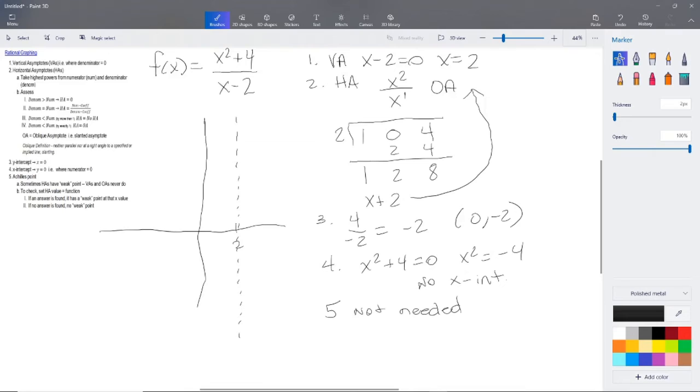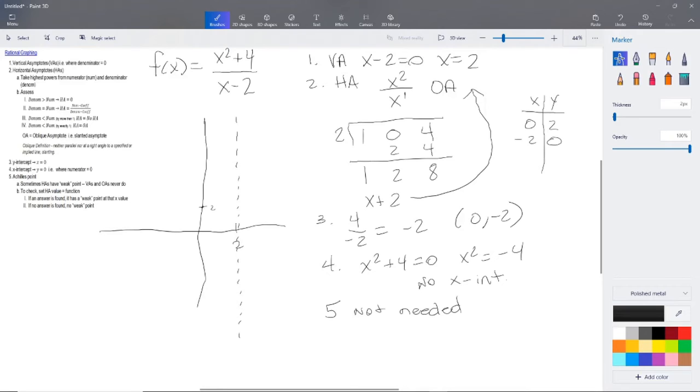So let's do a couple of points here so we can draw this line accurately. If it is x plus 2, and we do an x, y scale, and if I put 0 in for x, I'm going to get 2. So that's one of the points on our oblique asymptote. And if I put in negative 2, I'm going to get 0. So those are really our two intercepts on our oblique asymptote. So (0, 2). Let's call this 2 right here.